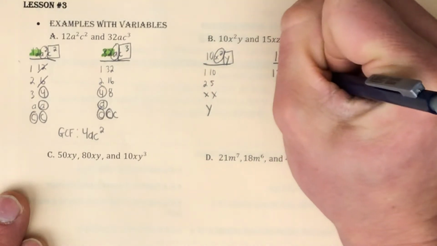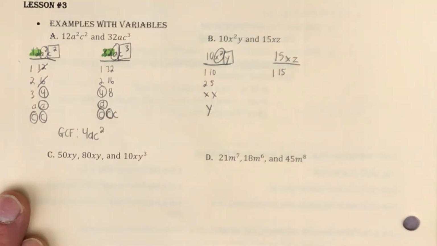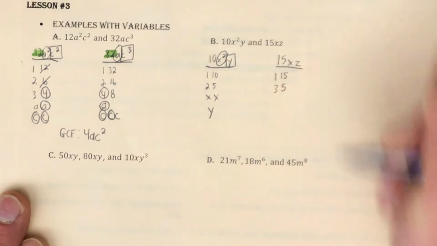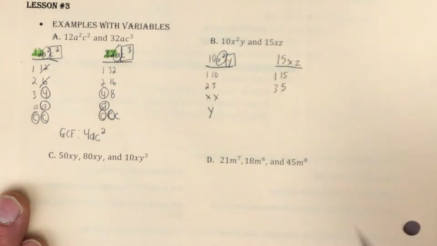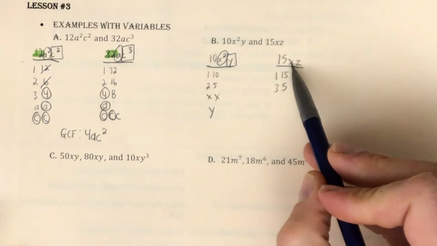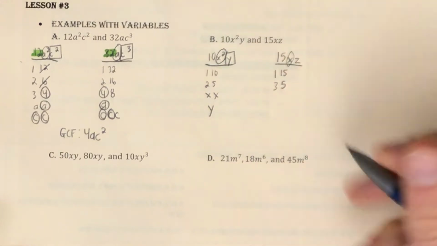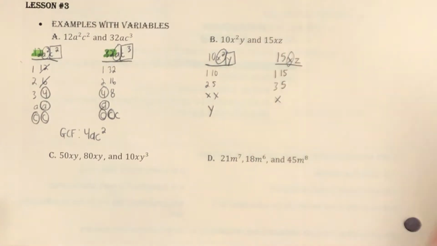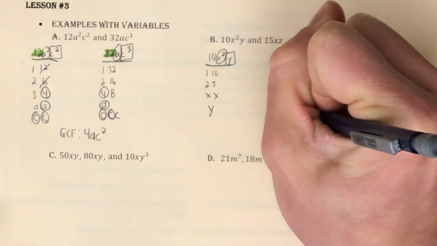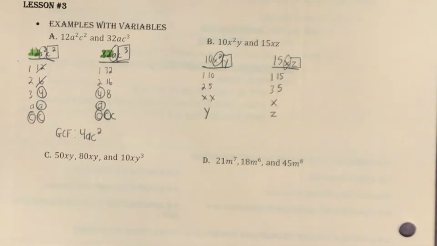So 1 times 15. 2 does not go into 15. 3 does. 3 times 5. 4 does not go into 15, and 5 is already on the list, so numbers are complete. Then I see I have just a single x right here, so I'm going to list that out. I see that I also have a single z right here, so I'm going to list that out.